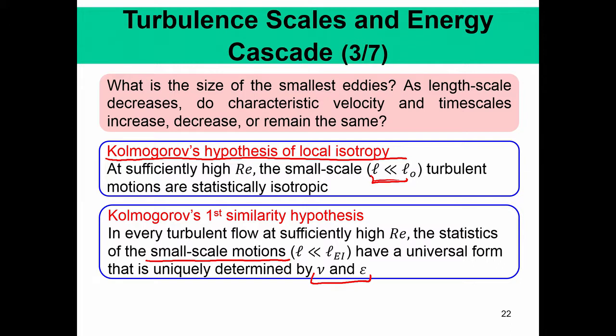So, this is very important, these small scale motions are universal. These three words are important: small scale motion, universal, and determined by the kinetic energy dissipation rate and kinematic viscosity, but only for the small scale motion, not the large scale motions.